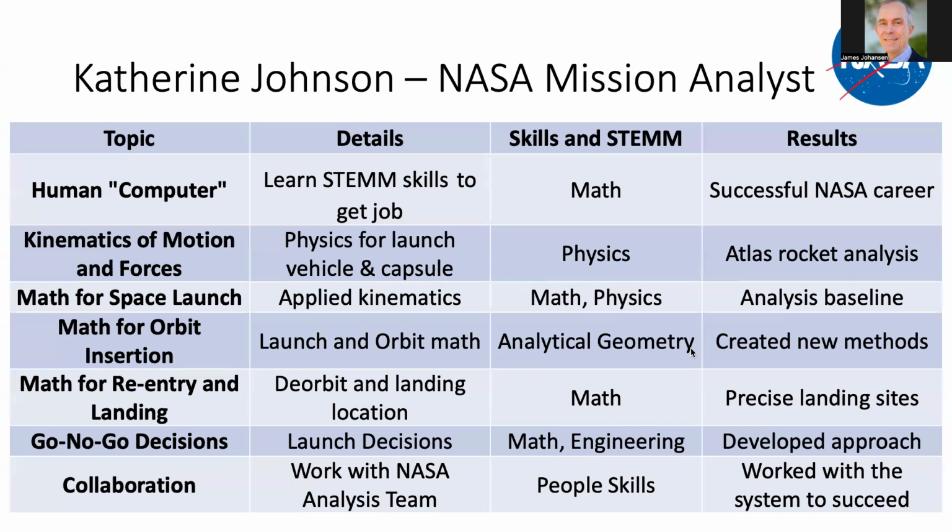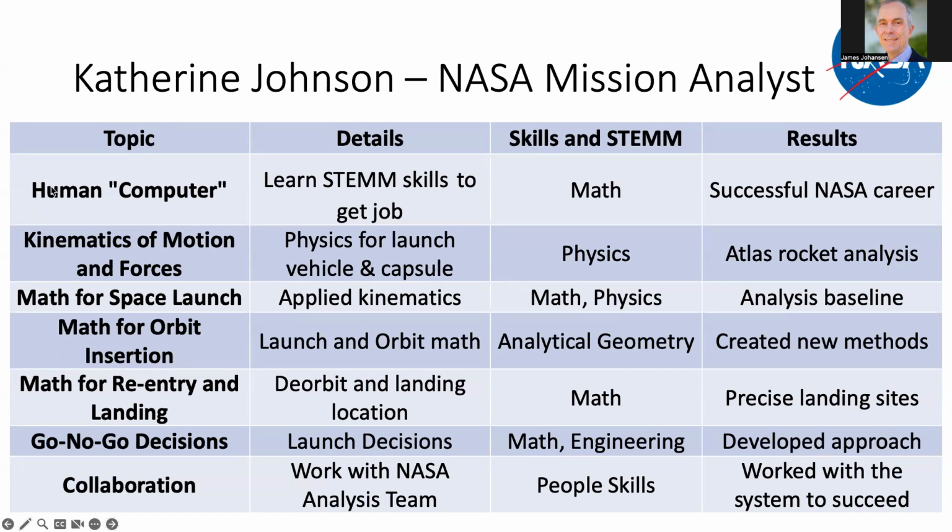So here's the first of 4 tables that I'll be showing. And so for Katherine Johnson, a NASA mission analyst, she was very adept at both math and physics. And so she was called, the term that they used at that time was, a computer was an individual. We think of computer as a piece of hardware that you buy.